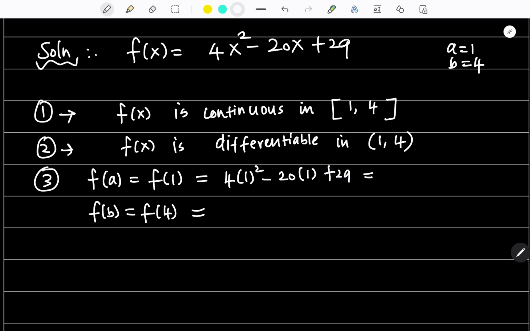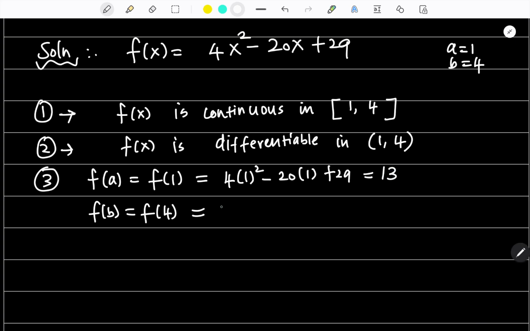Then afterwards what happens? It is going to become how much? You can take the calculator. Yes, let me take the calculator. So it gives us 4 minus 20 and then plus 29, which is equal to how much? F of A is 13, right? Okay, so this is 13.